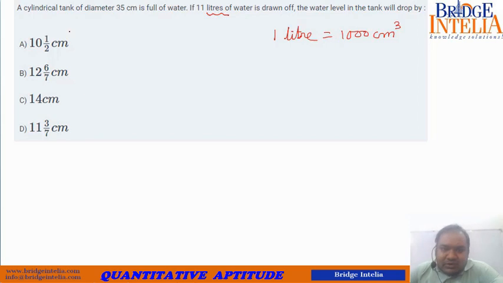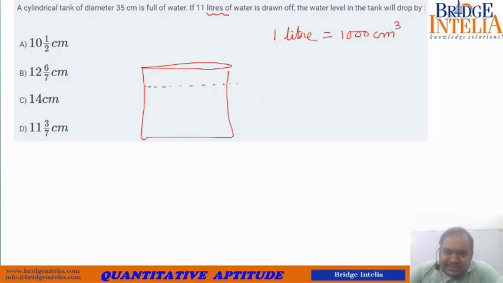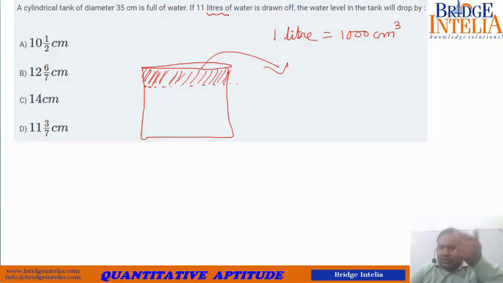Now a cylindrical tank of diameter 35 centimeter is full of water. So if you take out water, obviously the water level will drop. That means you can say that the upper cylinder became empty. So this much water was taken out. So volume of water taken out is equal to the volume of this cylinder, the hollow portion of the cylinder that will then get formed.